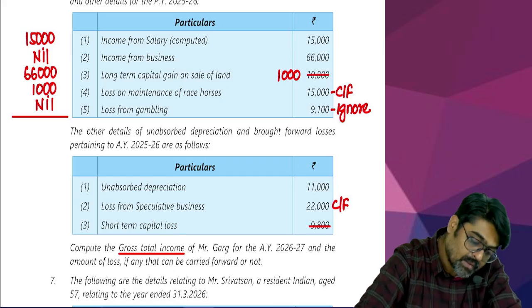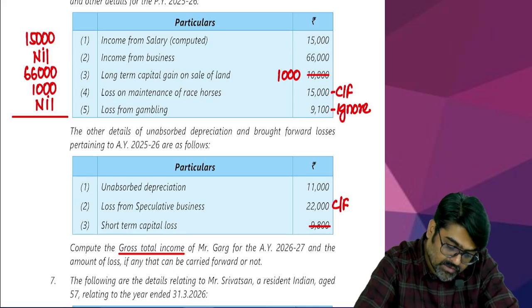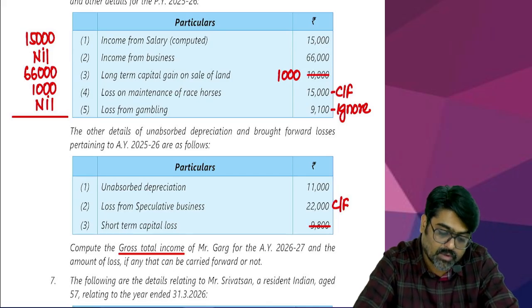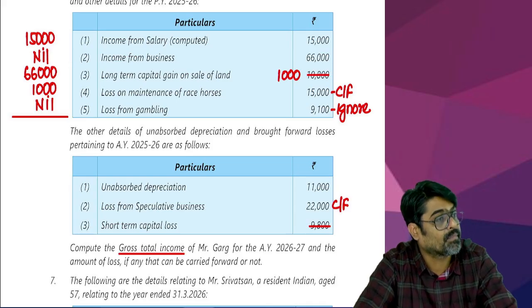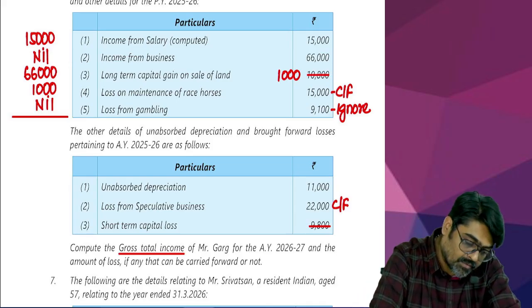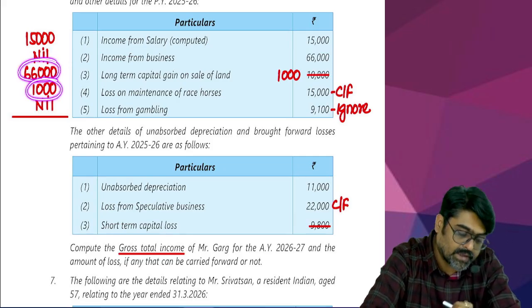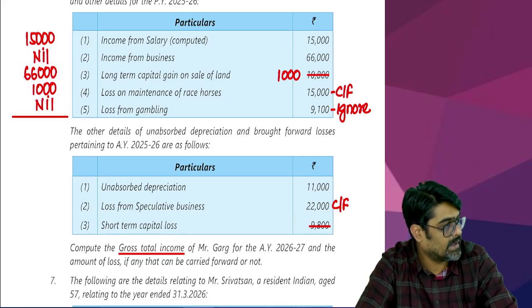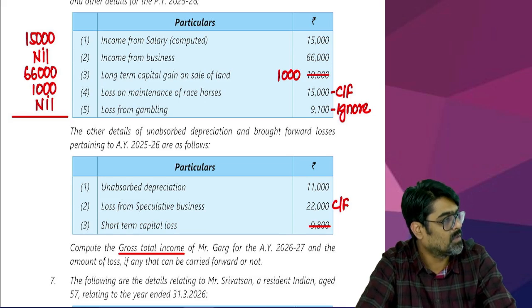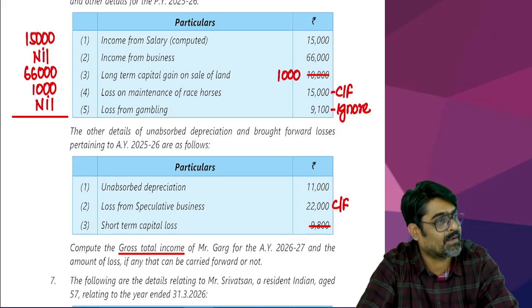But wait, before that, do you have any unabsorbed depreciation? Now see, unabsorbed depreciation of 11,000 can be set off against any income. So it can be set off against your business income also, and it can be set off against your capital gain also. Given a chance, first set off against capital gains, because that is taxable at flat rate.